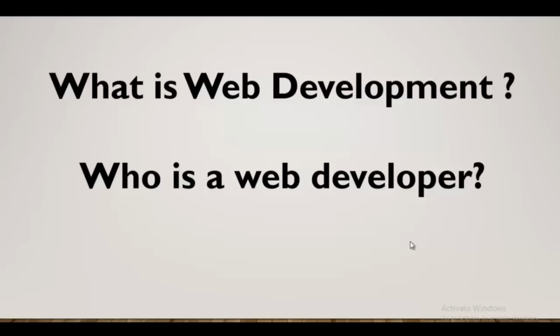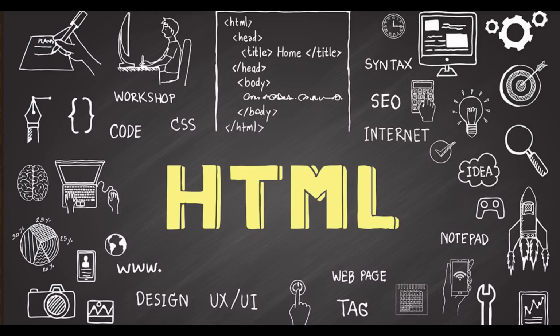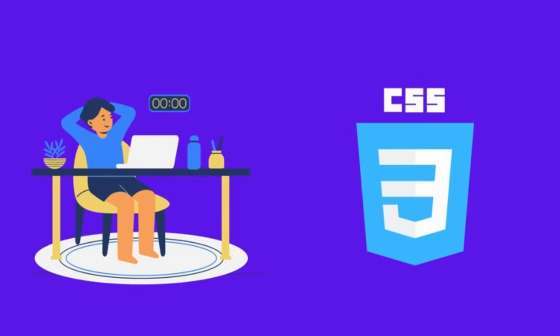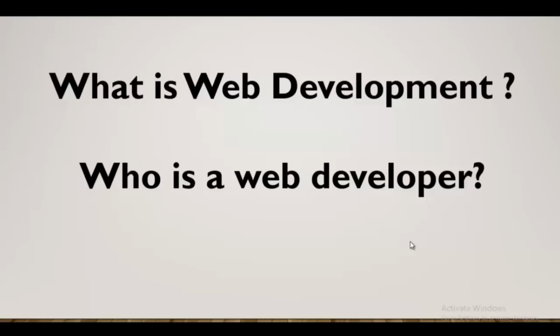Okay, so before you could be called a web developer, there are some basic languages that you need to know. All right, so you need to know a markup language like HTML, or style sheets for styling, which is CSS, all right, to beautify the web pages, and you need to understand the web language, which is JavaScript.